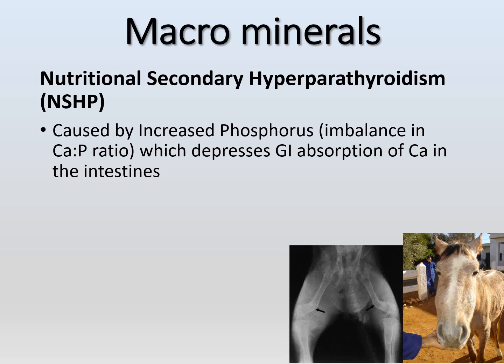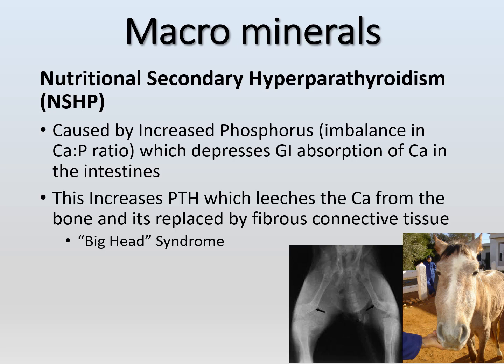So this is caused by too much phosphorus in a diet, and what happens is it throws off that calcium phosphorus ratio. So what ends up happening is that it actually depresses the calcium absorption in the GI tract. So it's going to cause an overall decrease in calcium, okay?